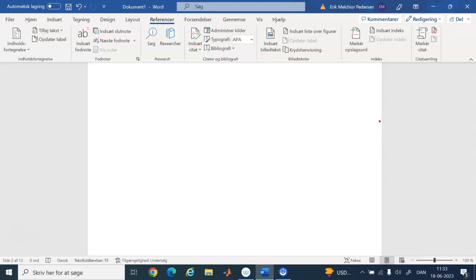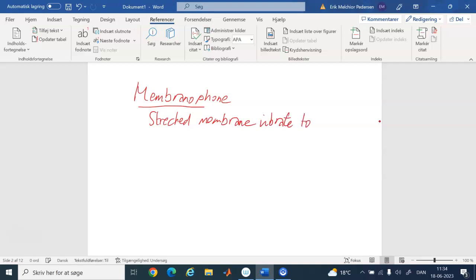Then I go to the membranophone. This is a class of musical instruments in which a stretched membrane vibrates to make sound. There's some technical stuff here, the acoustics of a membrane.